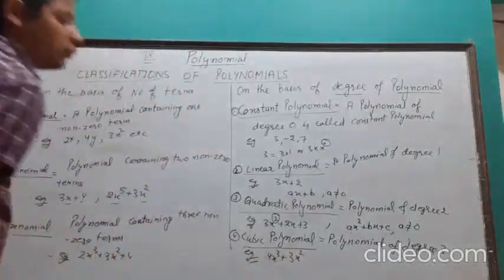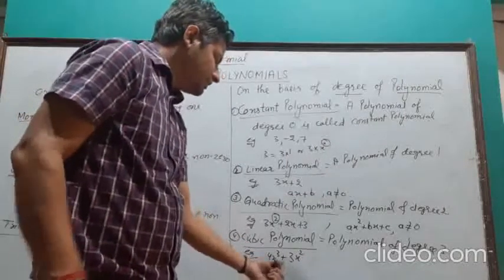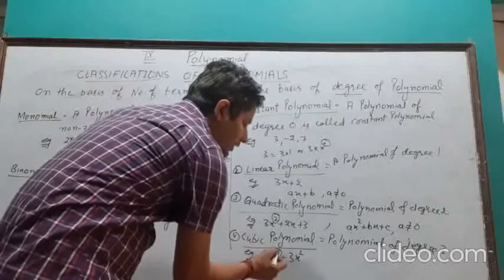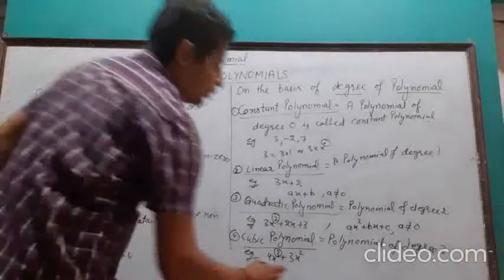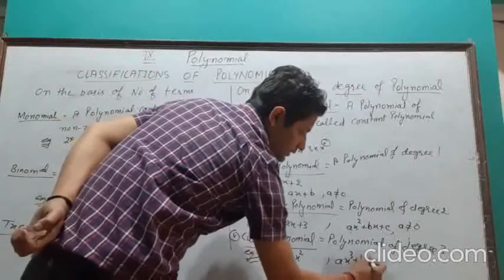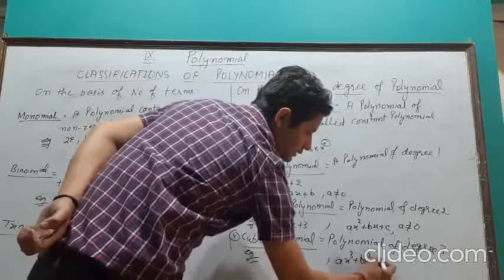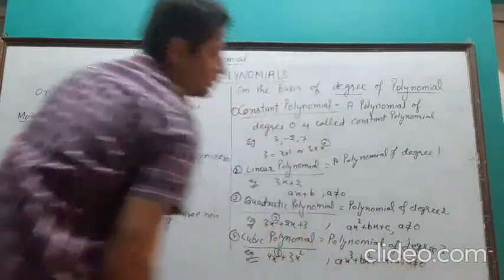It is a cubic polynomial because the degree of the polynomial is 3, as the highest power of the variable is 3. That's why it is called cubic. The general form of the cubic polynomial is ax cube plus bx square plus cx plus d, where a should not be 0.